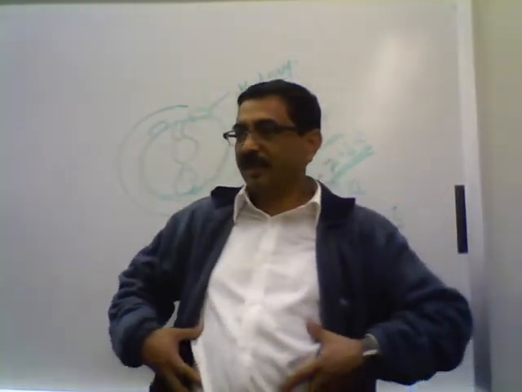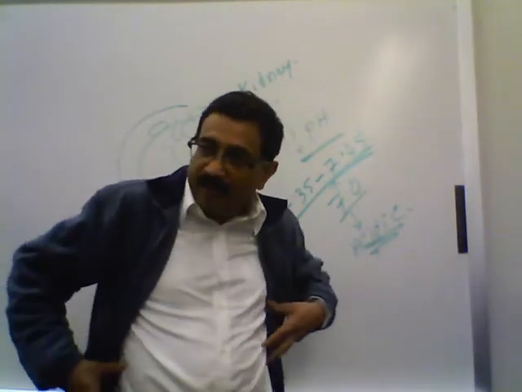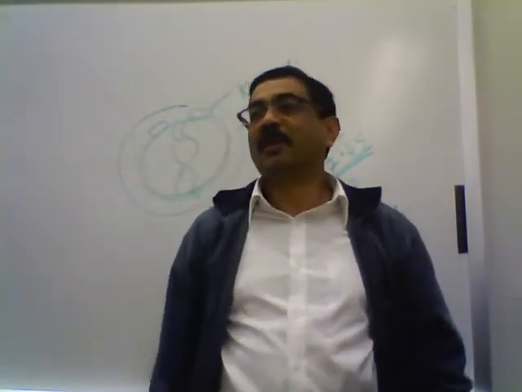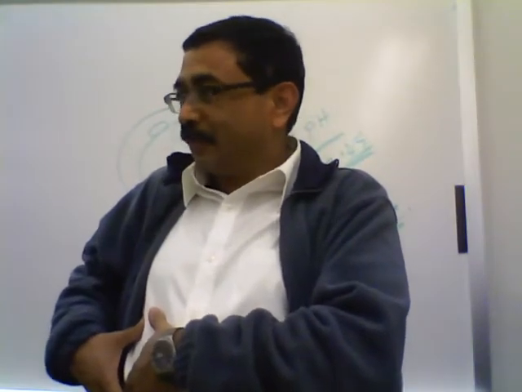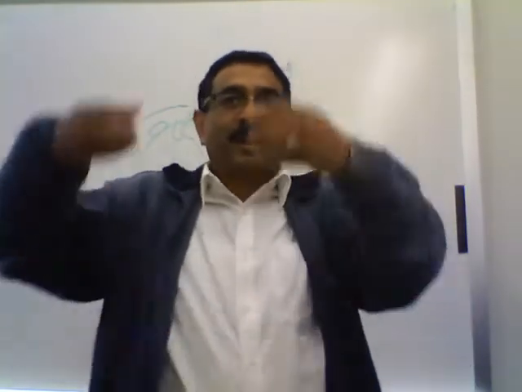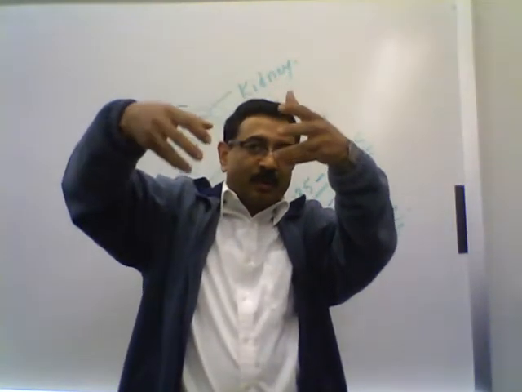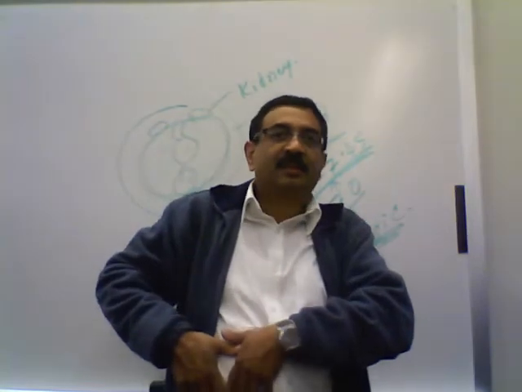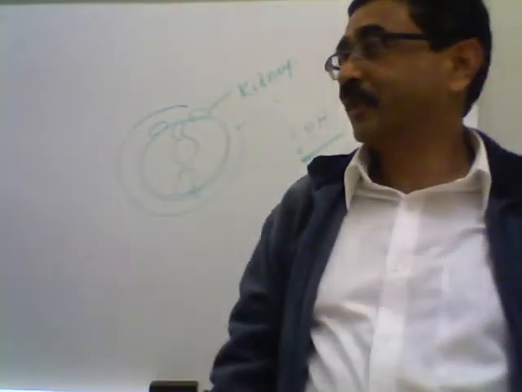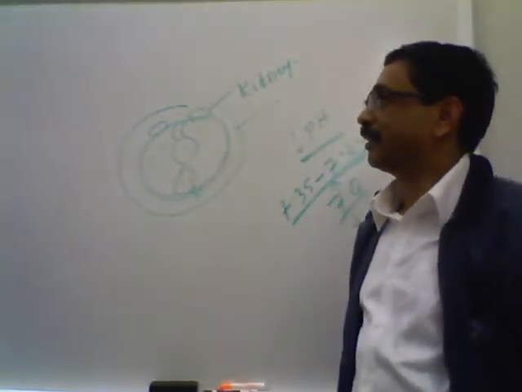What do you think? The right kidney is slightly lower than the left, because you know that the right lobe of the liver is much bigger than the left, right? So when the right lobe of the liver grows, it pushes the right kidney slightly downwards because it needs some extra space.